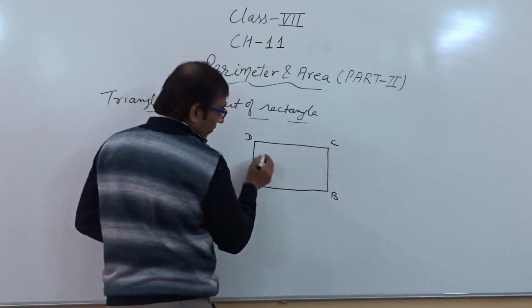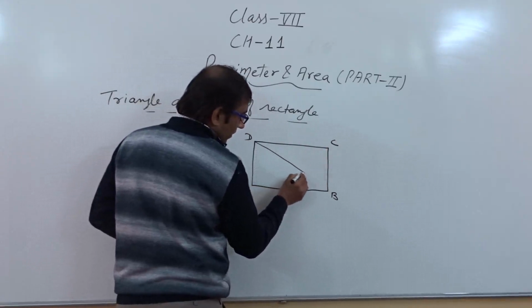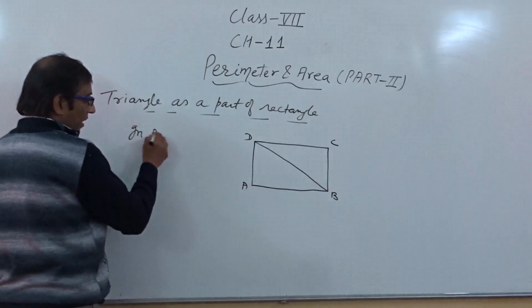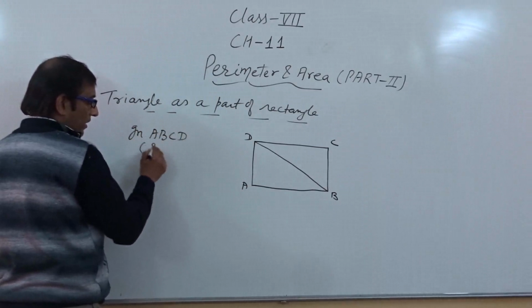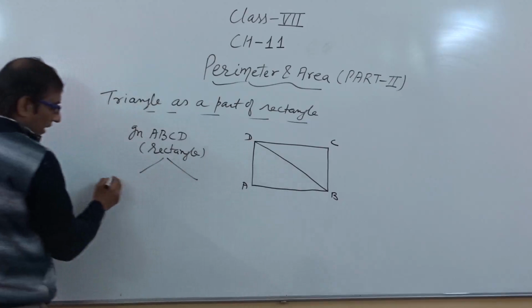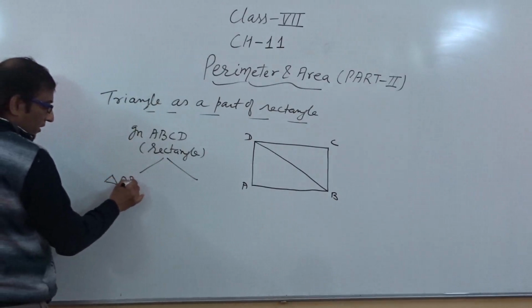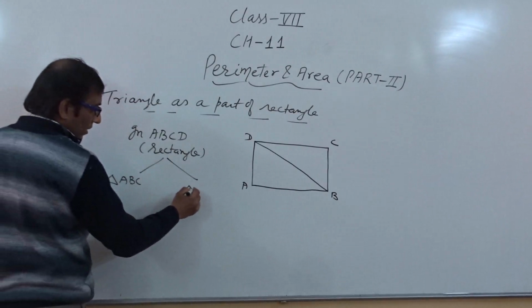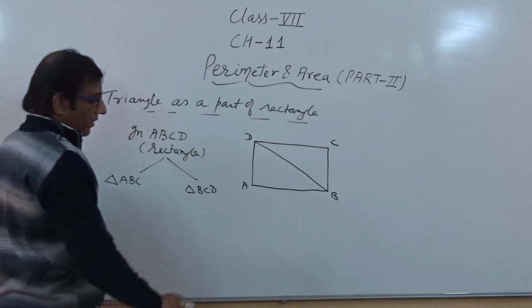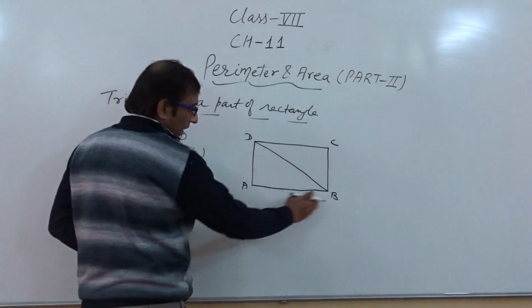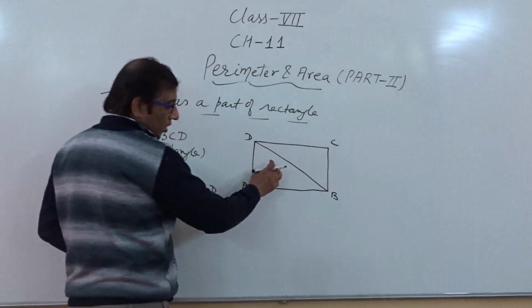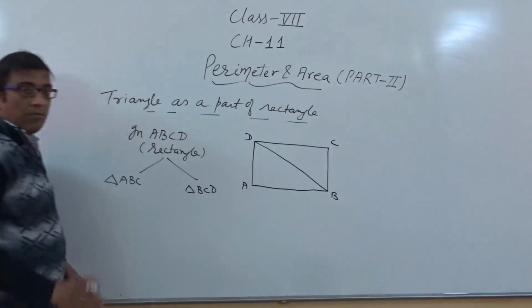If we join B and D, in rectangle ABCD we will get two triangles, that is triangle ABC and triangle BCD.